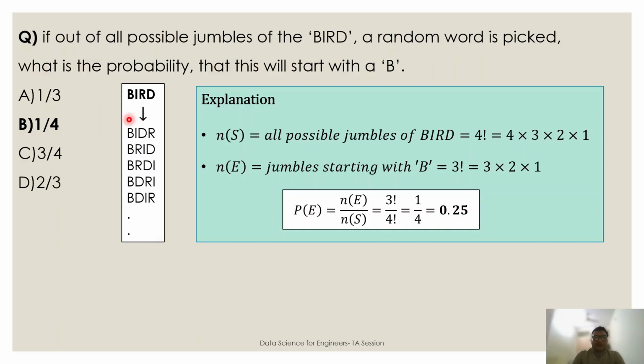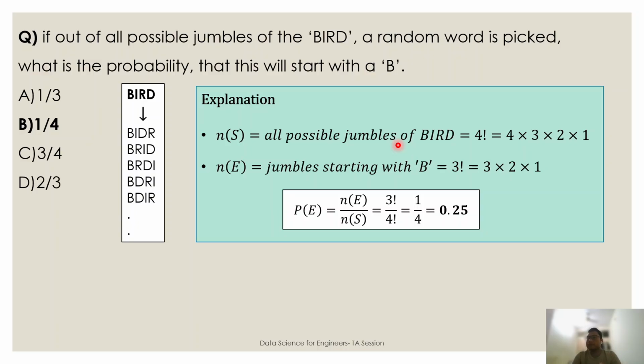So instead of writing out each word like BIRD and all those combinations, in mathematics there is permutation and combination. If there are four letters, you just have to take 4 factorial. That will tell you how many possible combinations you can make out of it.